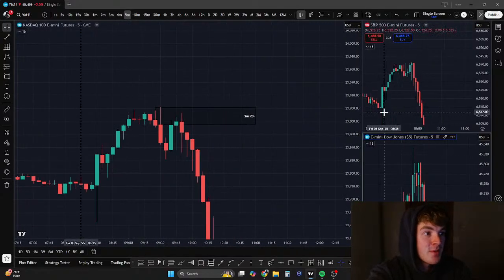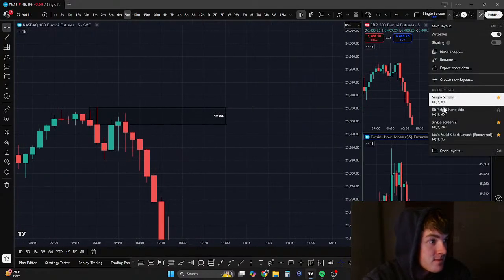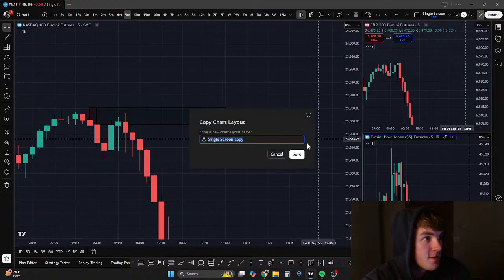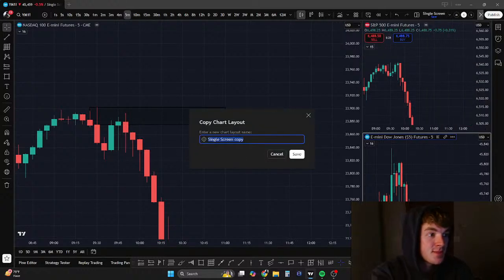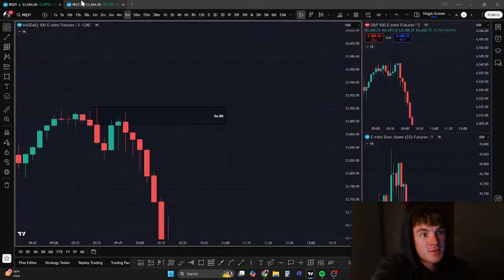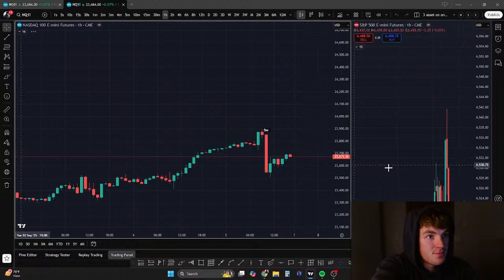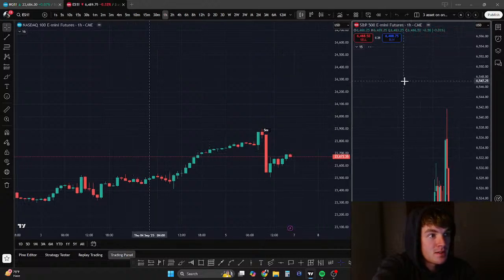Okay, this is my new favorite way to look at the charts now. Because I feel like I just have so much more room. So, 3 assets on one screen. I'm not gonna lie, I like this a lot better. I feel like I have more room. Before, it just felt like I did not have room. Now I feel like I actually have room to chart and queue. Oh, what the?